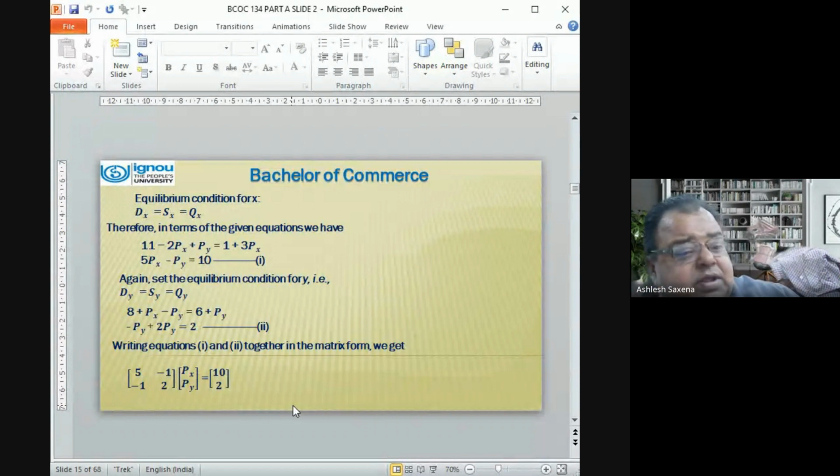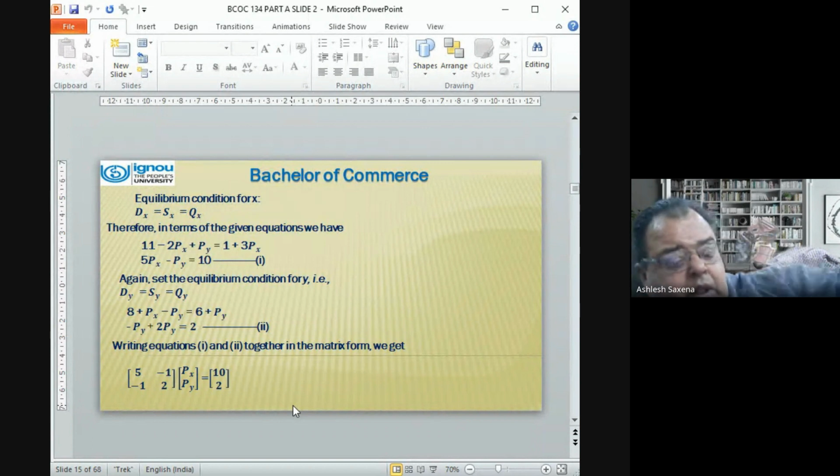Similarly, we again set the equilibrium quantity for y. Here what we will be doing? dy is equal to sy is equal to dq. Putting up the values, 8 plus px minus py is equal to 6 plus 3py. So what we will be getting over here is px minus 4py equal to -2, something like this.